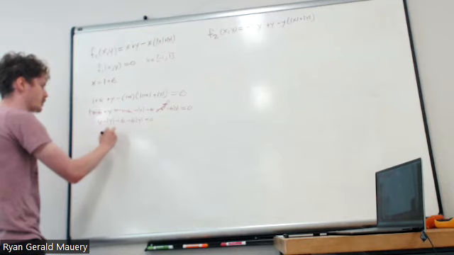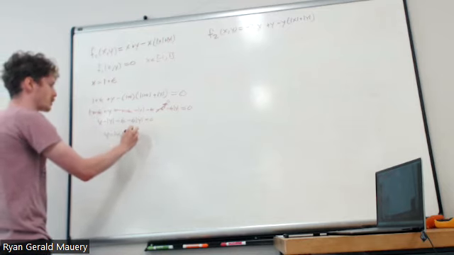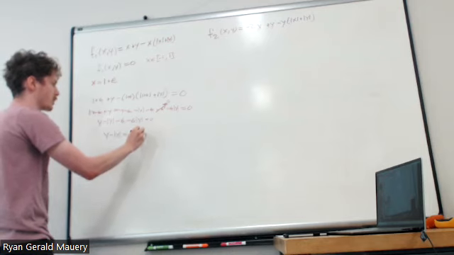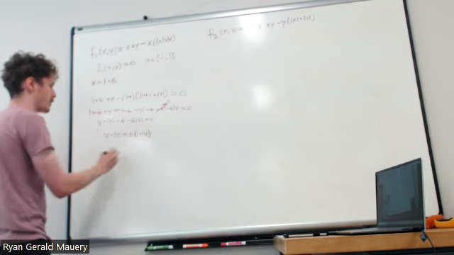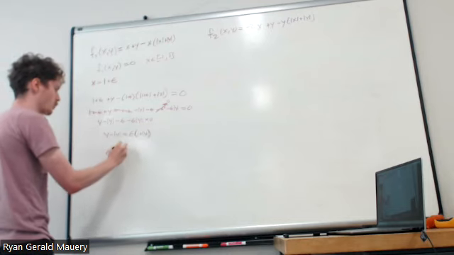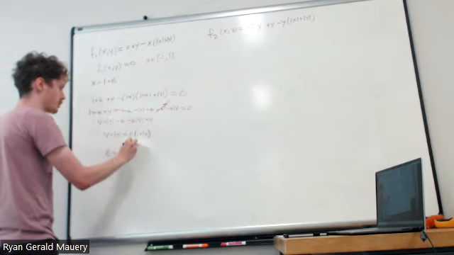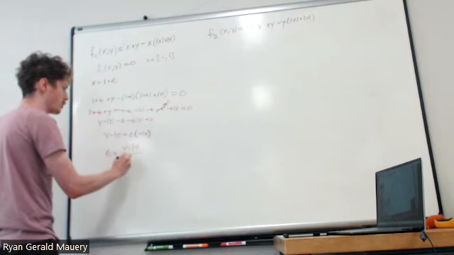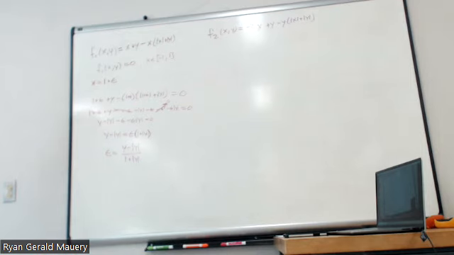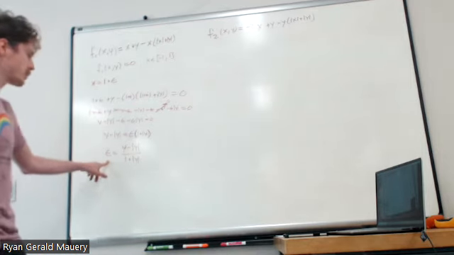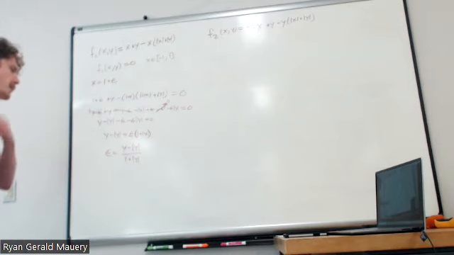We have y minus absolute value of y equals epsilon times 1 plus absolute value of y. And then we have epsilon equals y minus absolute value of y over 1 plus absolute value of y.